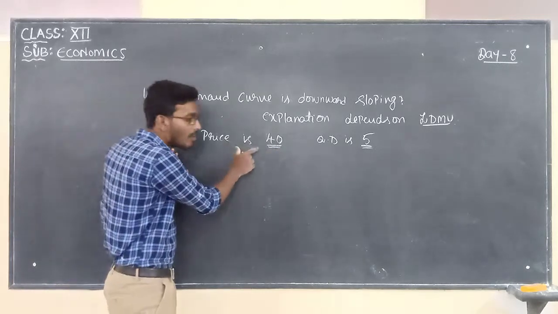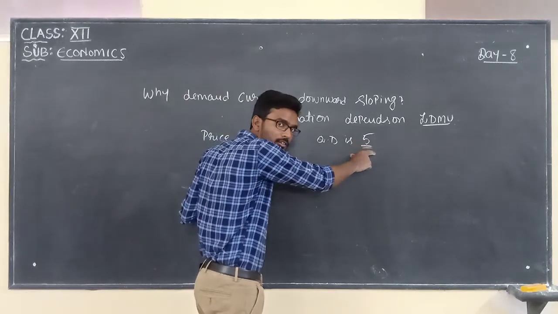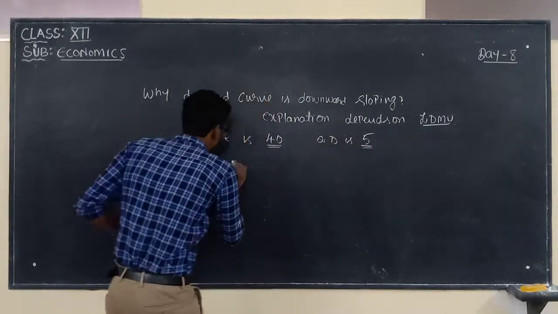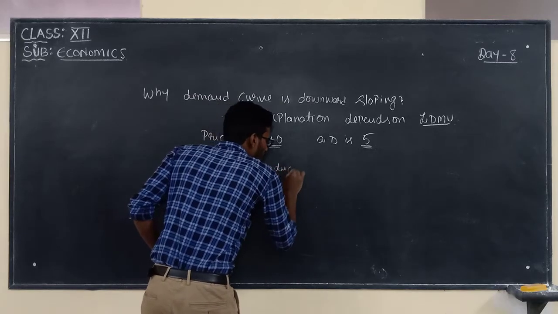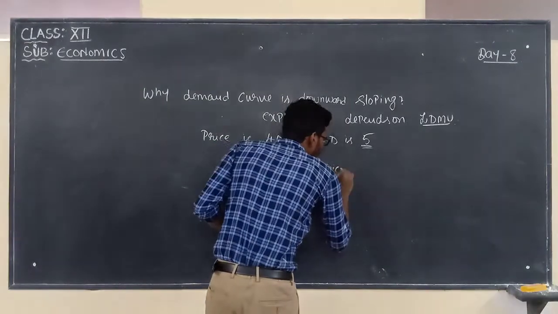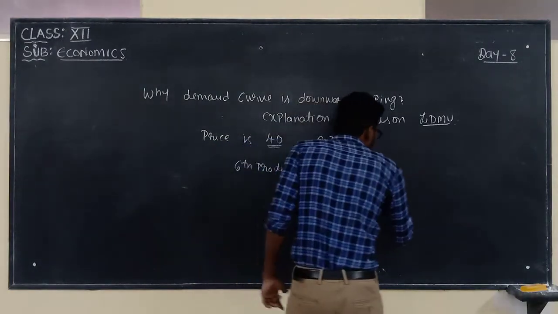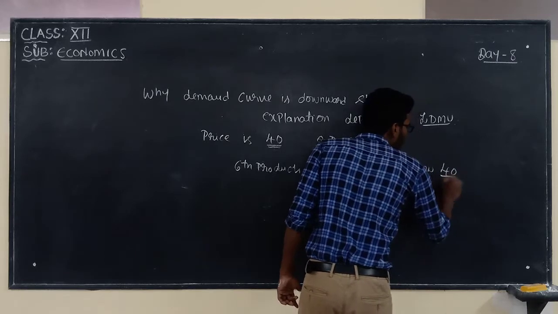So when the price of a commodity is 40, the quantity demanded is 5. If the consumer wants to purchase a sixth unit, the price must be below 40.